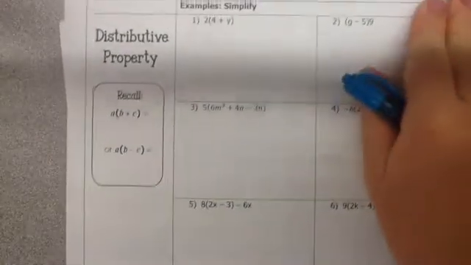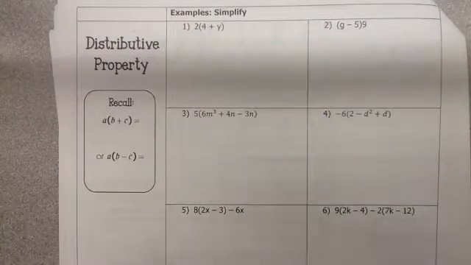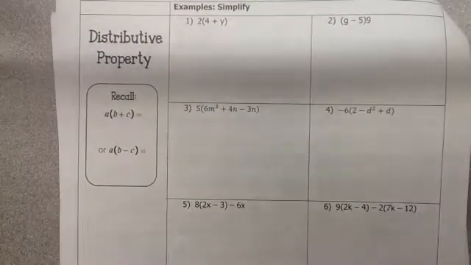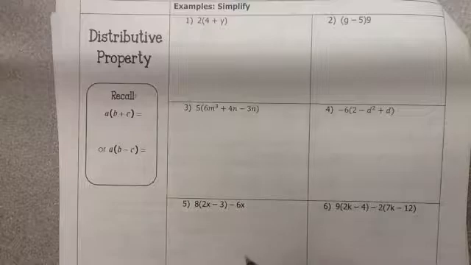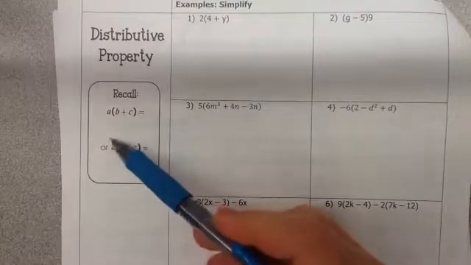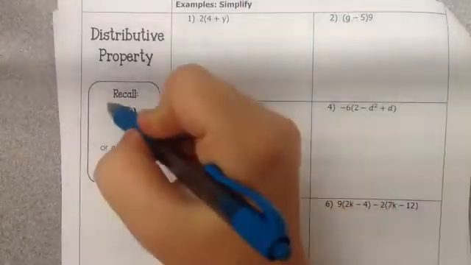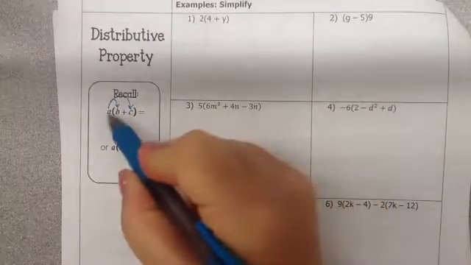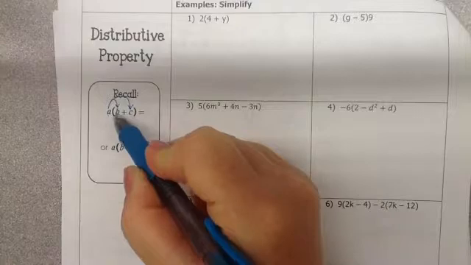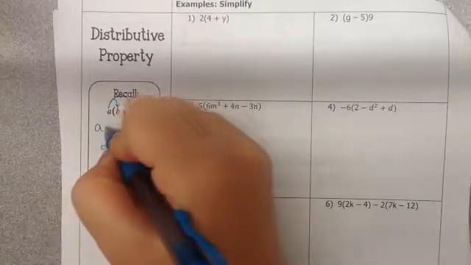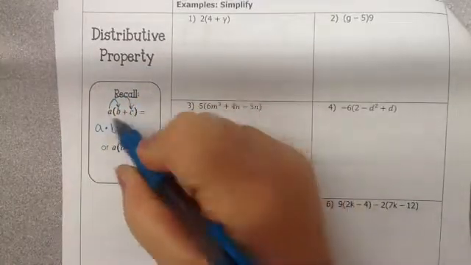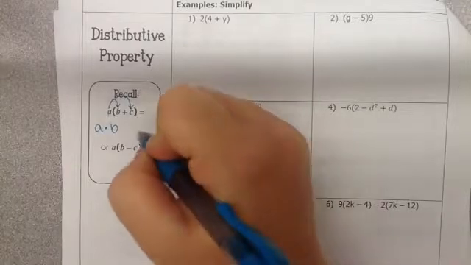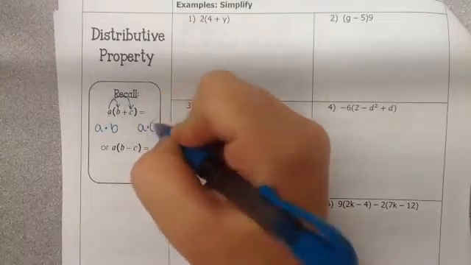Flip over. Next, we're going to simplify using the distributive property. The distributive property allows us to get rid of parentheses. So I'm going to distribute this a to both terms. So when I do that, this would be a times b and a times c.